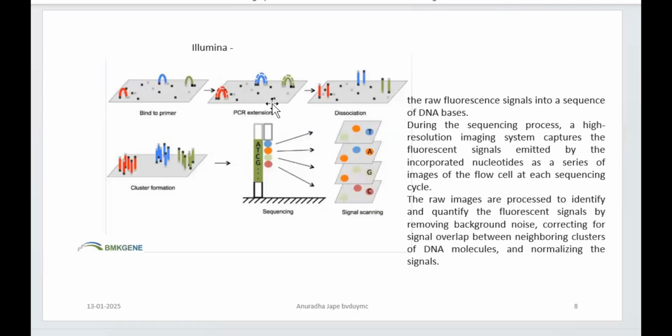And when it is getting synthesized, along with the normal nucleotides which are getting incorporated, a labeled nucleotide will get incorporated. Now here you can see one is red, one is blue, another is green. So these are the three different fluorescent labels that you are seeing, and the fourth is orange in color. So for four bases you have four fluorescent labels, right?